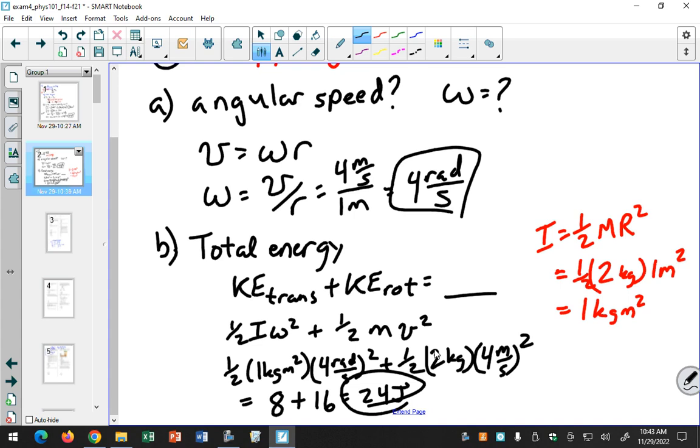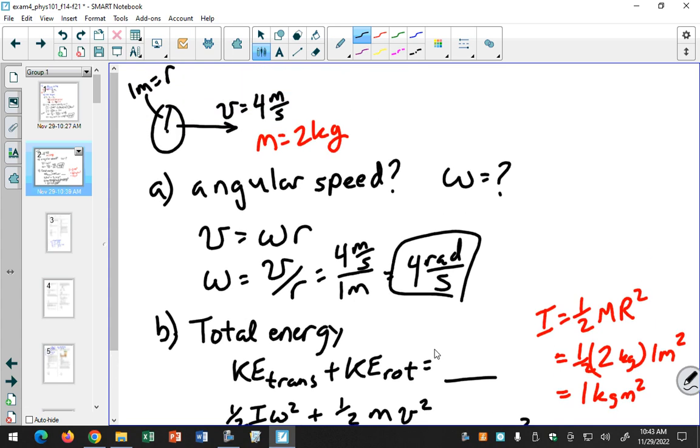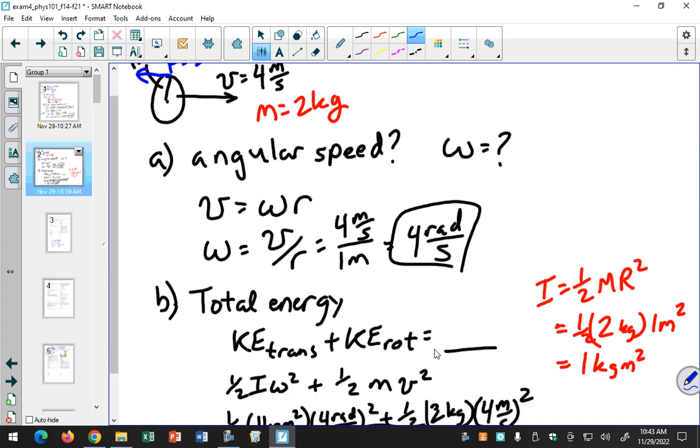Now, the third part of this is, what if there is a force applied at that point? Let's say that force is equal to 2 newtons. And I want to know through what angular displacement the wheel rotates before it comes to a stop.